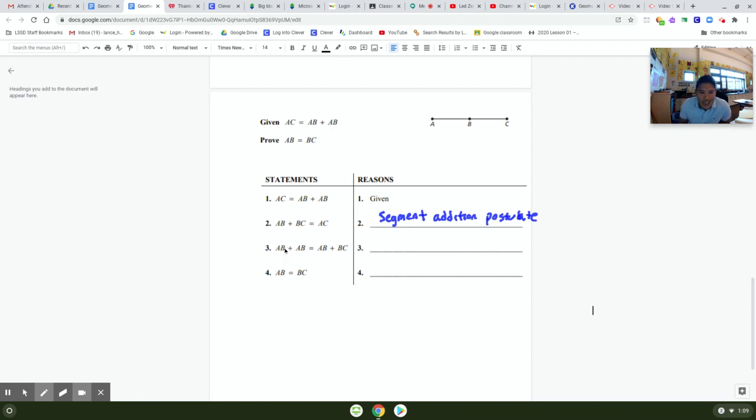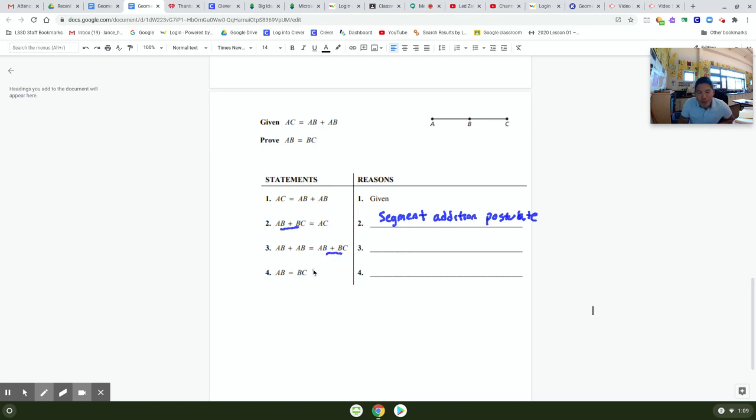And then for the next statement, the length of AB plus the length of AB equals the length of AB plus the length of BC. That's kind of a mouthful. Maybe you look at the diagram and think, I have no idea what the reason should be. Then I look at the previous statement, AB plus BC equals AC. Notice that's right here.